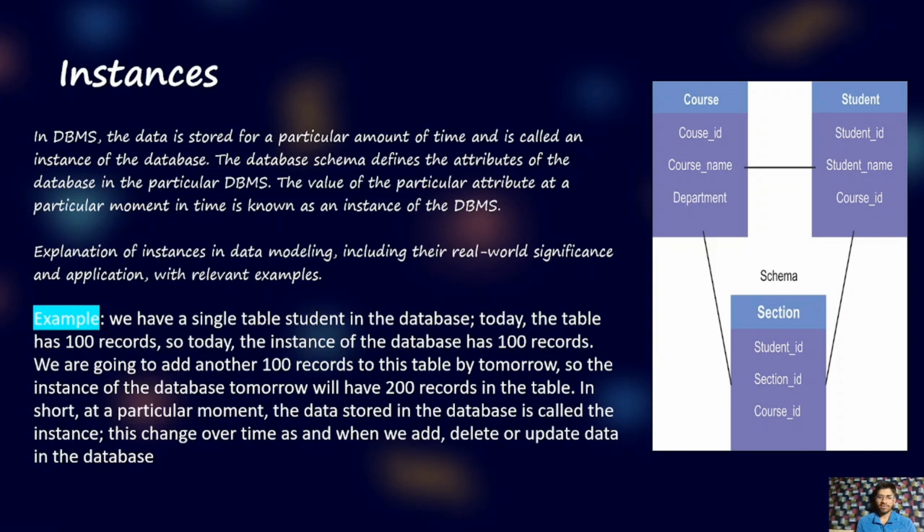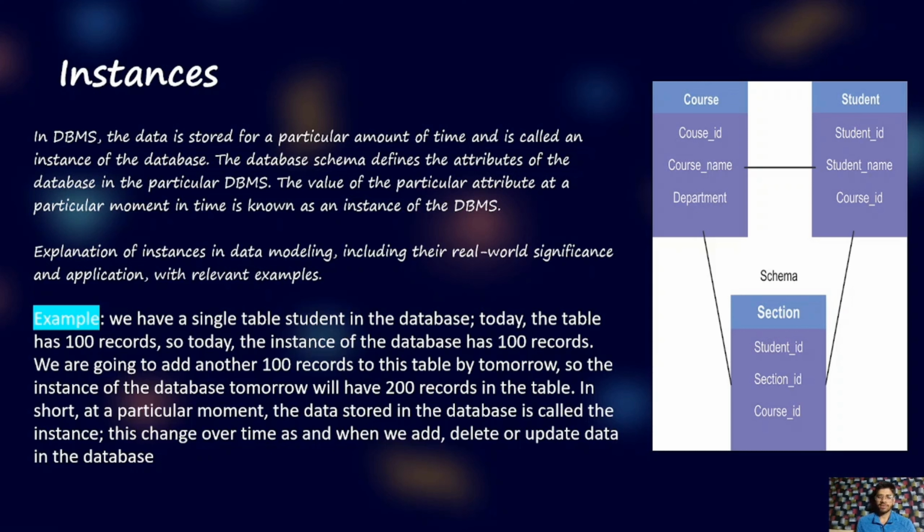And the application or explanation of instances in data modeling, including their real world significance and application. And we have another example where we have a single table, student, in the database. Today, let's suppose the table has 100 records. So today the instance of the database has 100 records.